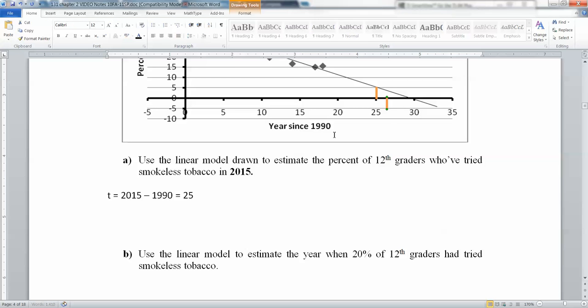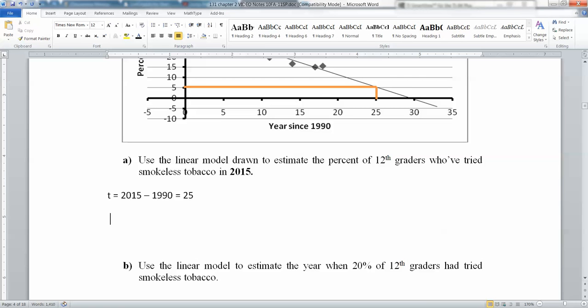Now that's a t value, and t was our x. So then what's the y value that goes with it? Well, that would be over here. Oops, I made that a little high. There we go. So it looks like the percent, which is what we were actually asking about, is about 5, right? So I guess the answer really is about 5%. That's the actual part that they were asking about.